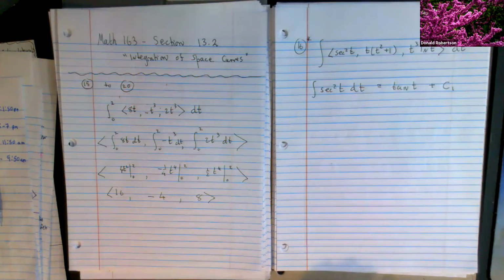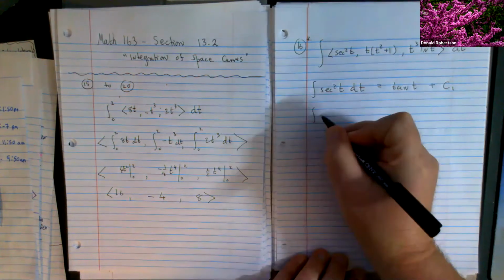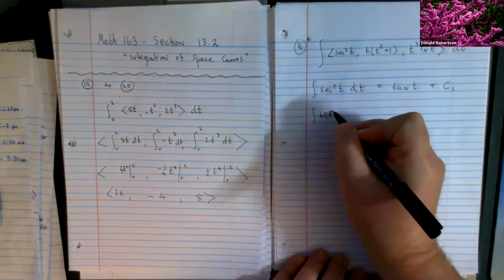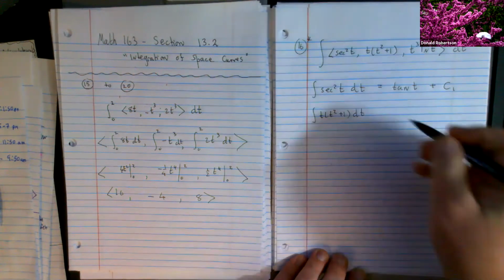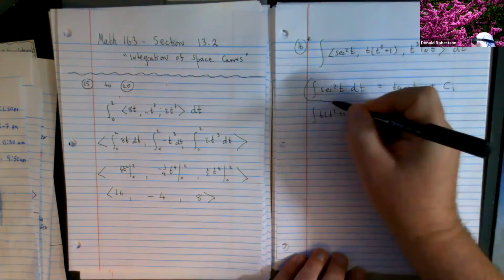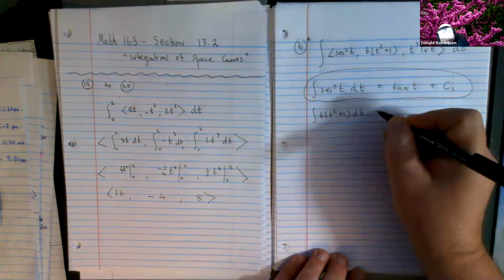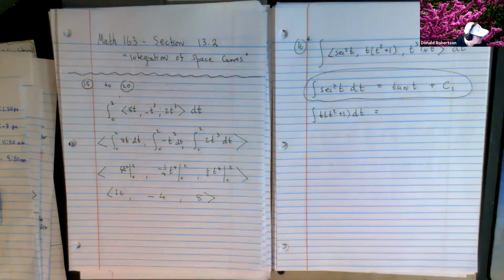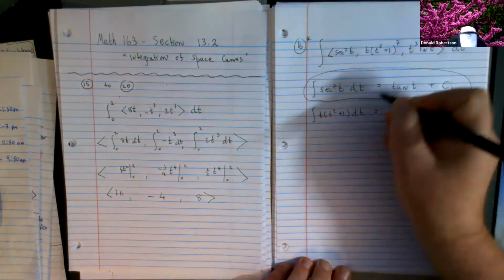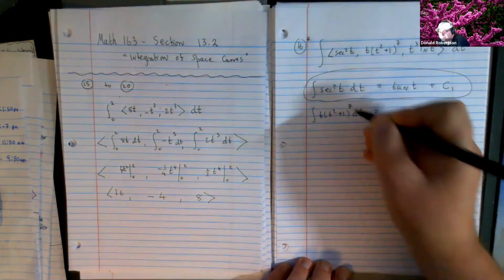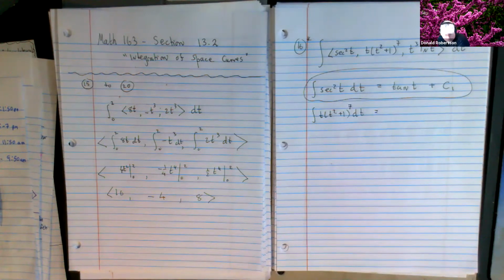And the second one is going to be t squared plus 1. Put a little bubble around that once I get the answer. Okay, oops. That makes a big difference. What technique will I use for this one?